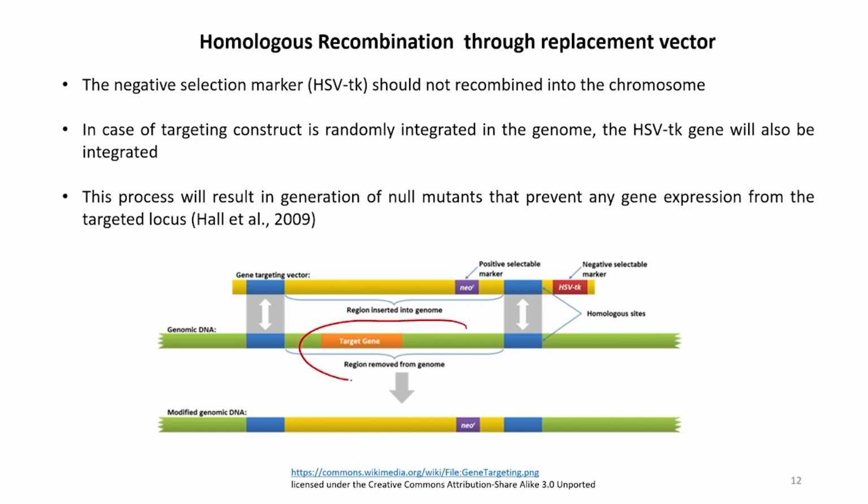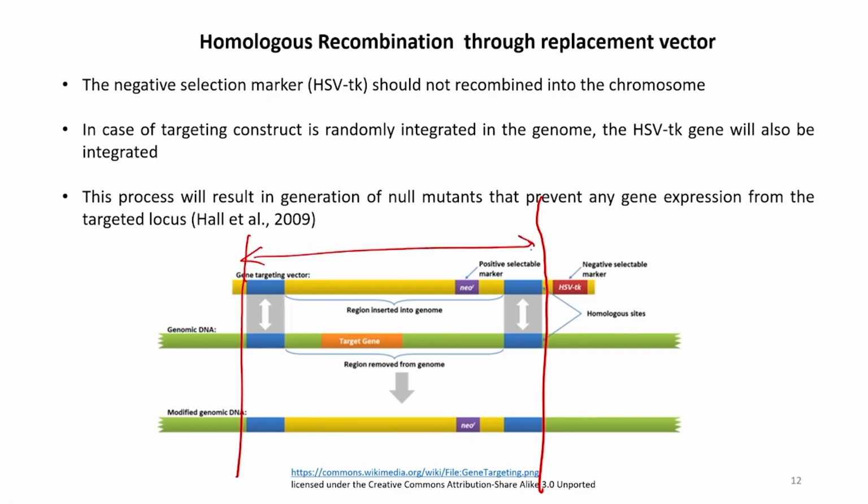So, there is a loss of function over here, because this gene is being removed, and as already told, this HSV-TK marker is not included here. The region that is included in the targeted region ranges from this area to this area, as you can see.